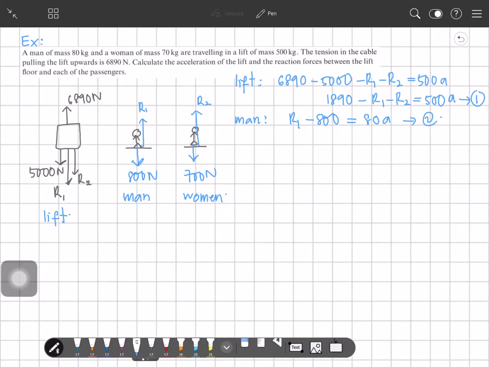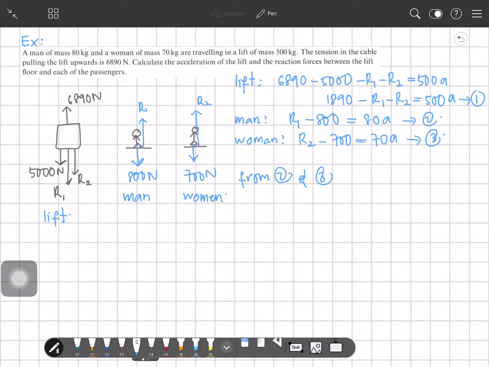Last, resolving the forces acting on the woman, we have R2 minus 700 equal to the mass of the woman, 70, multiplied by acceleration. This is equation 3.